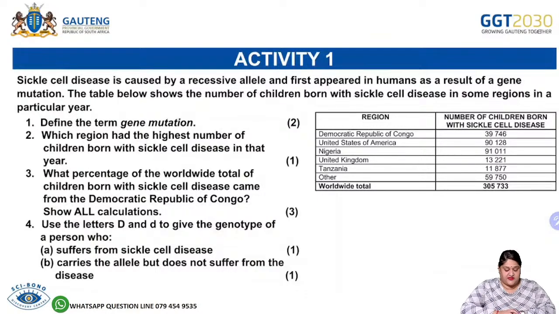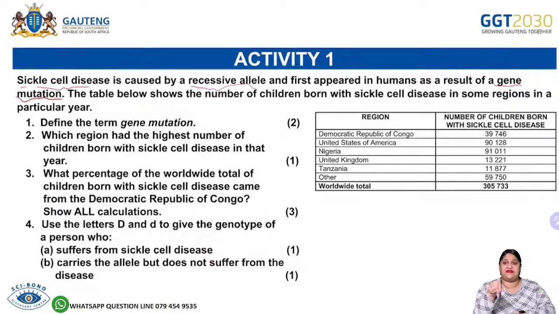So here we have our first question. Sickle cell disease is caused by a recessive allele and first appeared in humans as a result of a gene mutation. So they're telling us this is a gene mutation. Now you must think in your mind, what did ma'am just tell me about a gene mutation? Even though we're not learning about sickle cell disease, they are telling us that it's caused by a recessive allele and it first appeared as a result of a gene mutation.